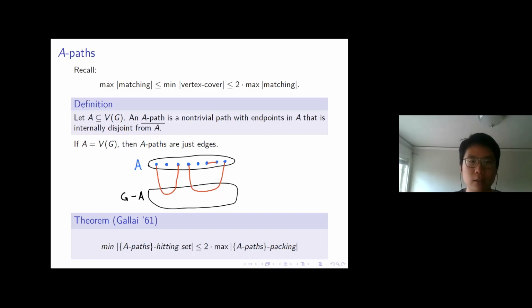But what Gallai actually did was he proved a generalization of the Tutte-Berge formula for matchings. It turns out that the formula for the maximum size of a matching generalizes to the maximum size of a set of disjoint A-paths. And this inequality is a consequence of this exact min-max formula. Okay, so that's a nice classical result of Gallai for A-paths.